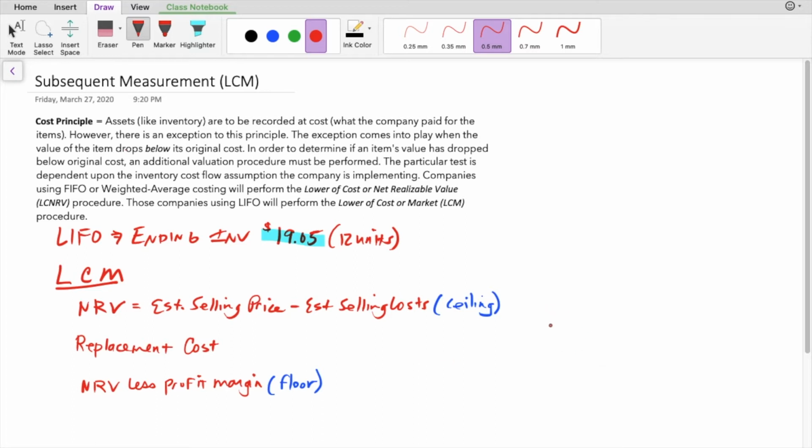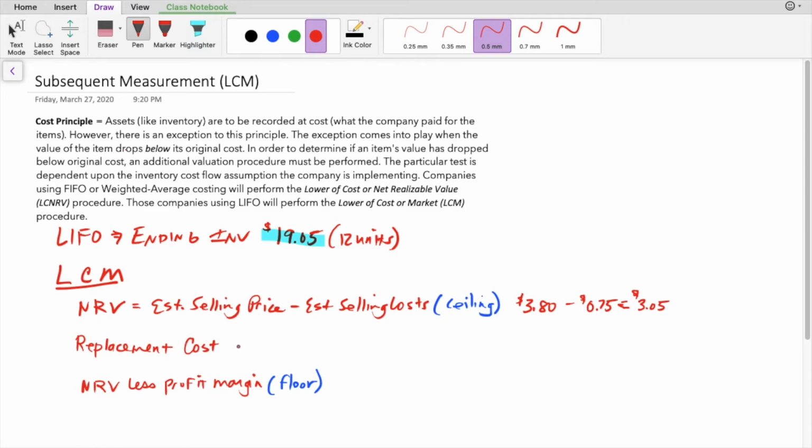So in our first example, our estimated selling price was $3.80, and the estimated selling costs were 75 cents. And so we had a net realizable value per unit of $3.05. And times 12, since that's how many units we have, we would figure that out.